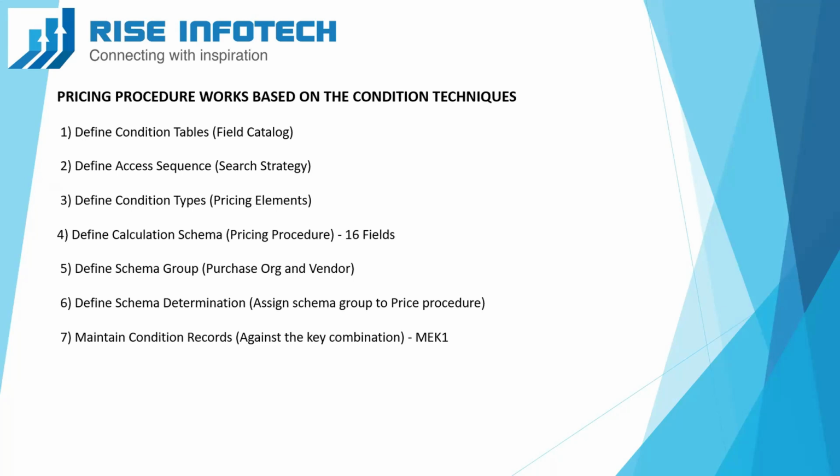For the pricing procedure, we have 16 fields, and the schema group, purchase organization, and vendor. These are the two combinations we have given in the condition table which we defined earlier. Then define schema determination, that is, assign the schema group to the pricing procedure. So we are assigning the schema group to the particular pricing procedure. Finally, we check the condition records by giving the T code MEK1.